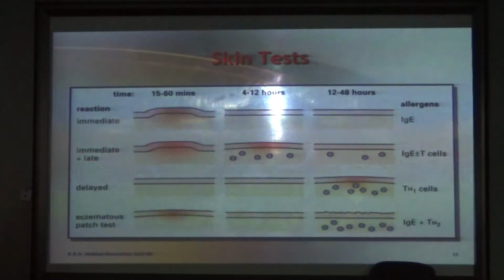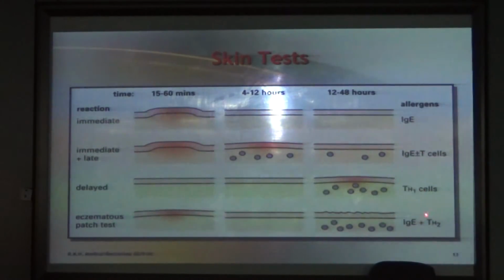Some of these reactions may not be immediate. Some may be delayed. It may take more than 48 hours to develop. And as you can see here again, people with eczematous patch tests will show the same skin erosions. Now what is important here?